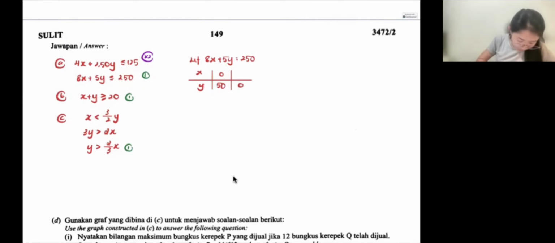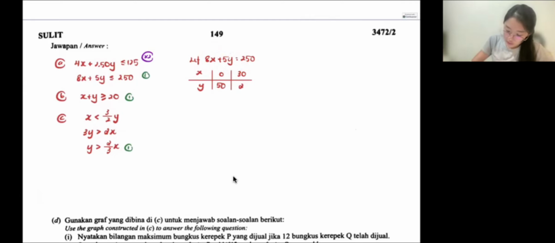If my y is 0, 250 divided by 8, oh, you get a decimal. So we try to avoid that. Let's say x I put 30. 8 times 30, 240. 240 move over, minus, you get 10. 10 divided by 5, this is 2. Just get a pair of coordinates that you're comfortable at drawing.